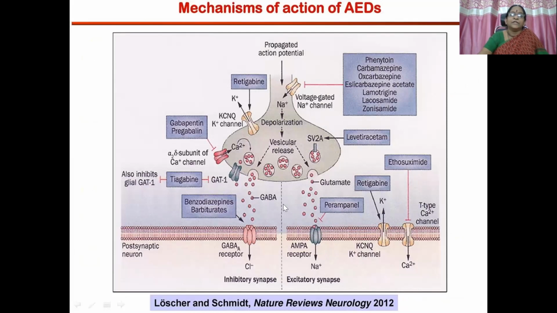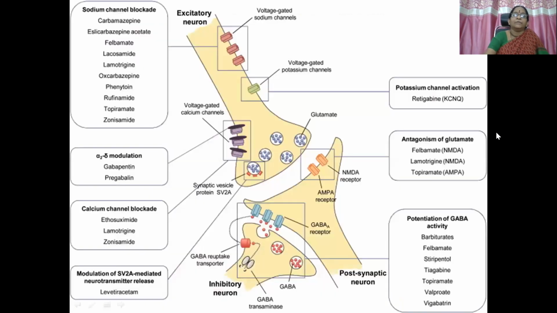Benzodiazepines and barbiturates we have discussed already, direct ion channel action, and then tiagabine inhibiting the reuptake, gabapentin and pregabalin calcium channel blockade. This is again retigabine also acts through potassium channels. Okay, this is the ultimate overall effect of anti-epileptic drugs.